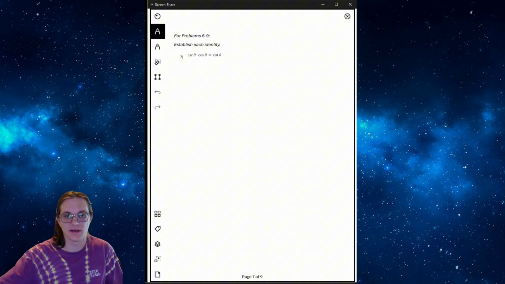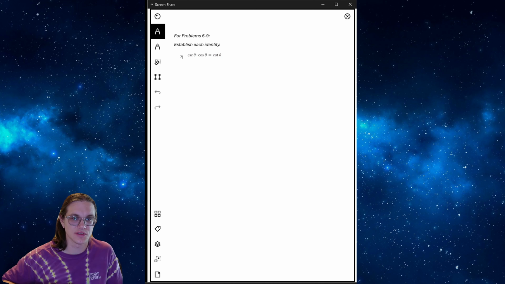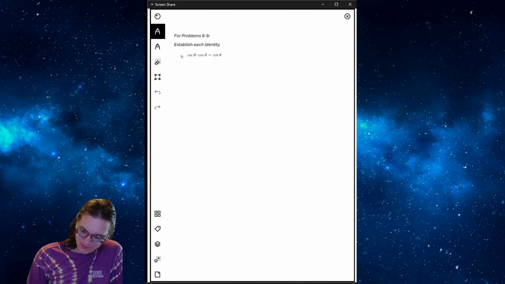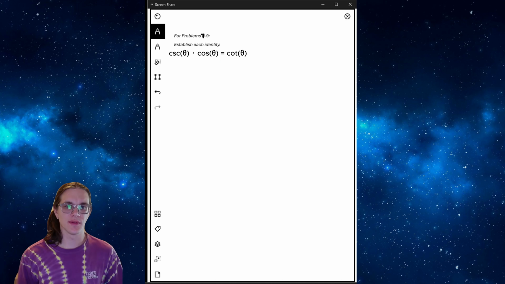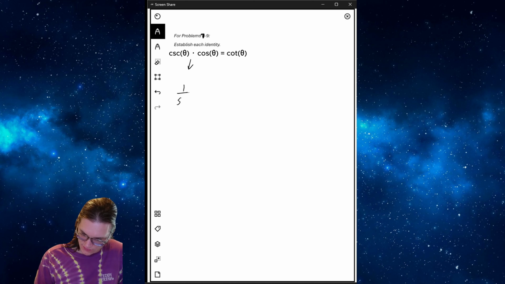Because if you practice on challenging problems, then anything easier than that that's on your test, you should just automatically destroy. Okay, so by establishing each identity, it's saying basically use identities to transform this into an identity, I believe. So cosecant is 1 over sine. Cosine we can just keep.